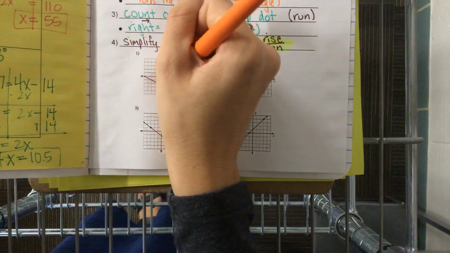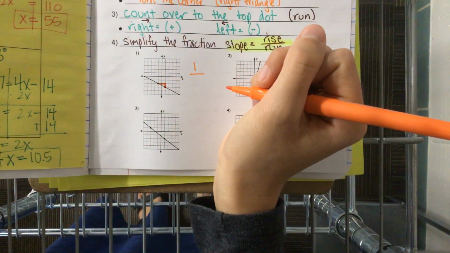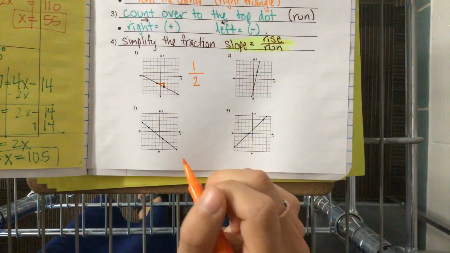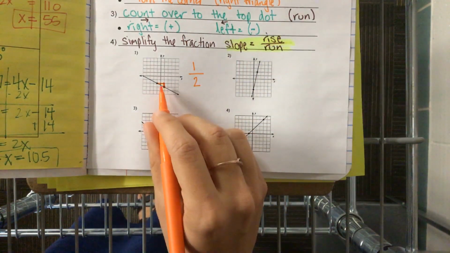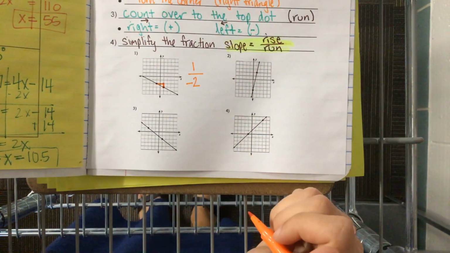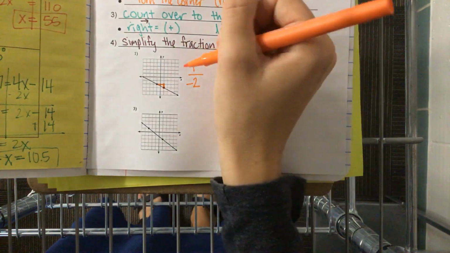And so our denominator is 2. But what direction did we go when we counted over? To the left, so it's negative. Is this fraction simplified already? Yeah, negative 1/2. It's good.